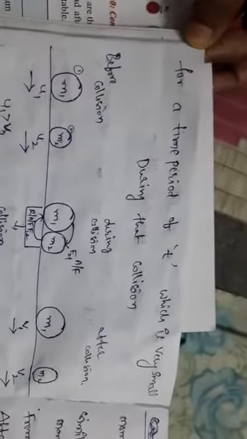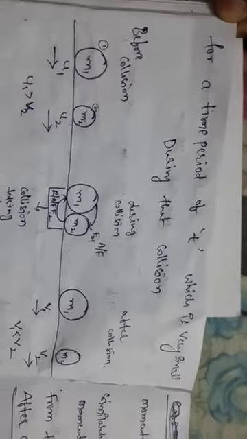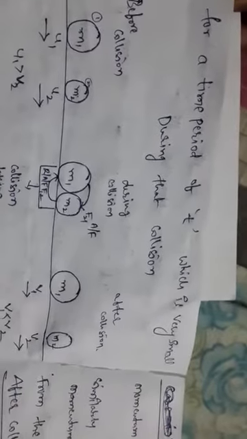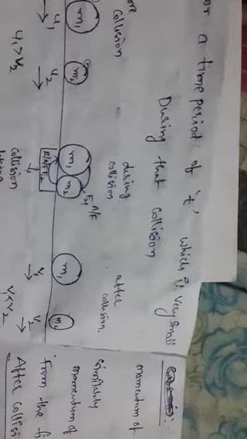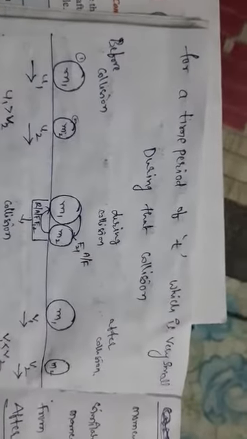They meet each other and the collision takes place between them for a period of time t seconds, which is very small. T means time period. The collision time period is very small, it may equal 1 second or 2 seconds or at most 5 seconds. Consider the time period as very less.